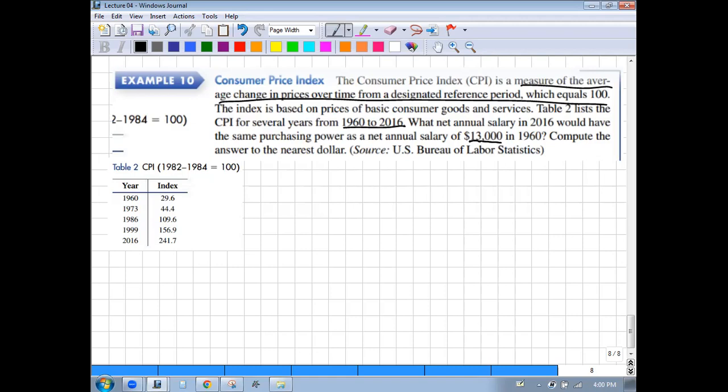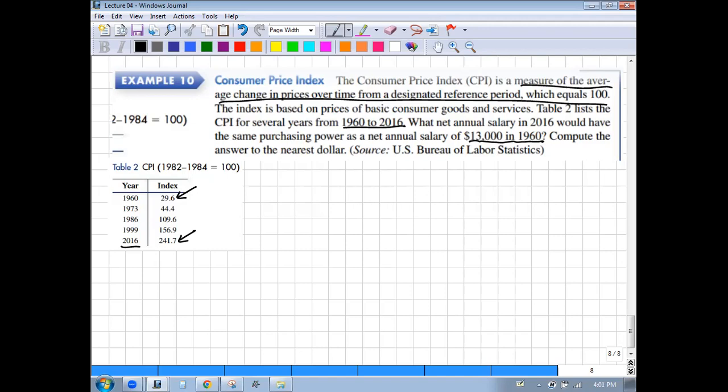So if you have 13,000 bucks in 1960, what is that equivalent in 2016? All right. So in 1960, we have an index of 29.6, but we want to relate that to 2016 with our CPI of 241.7. All right, compute the answer to the nearest dollar.